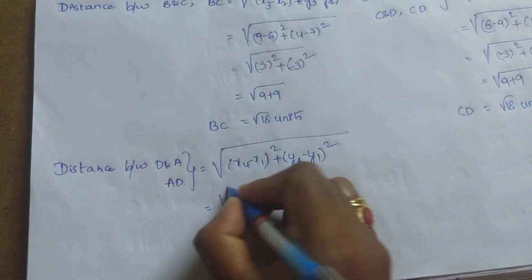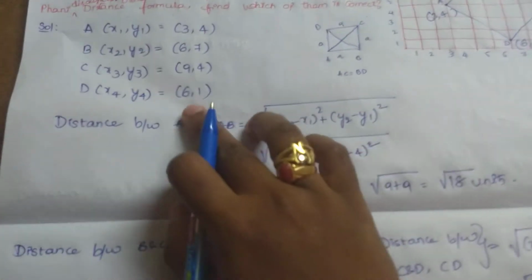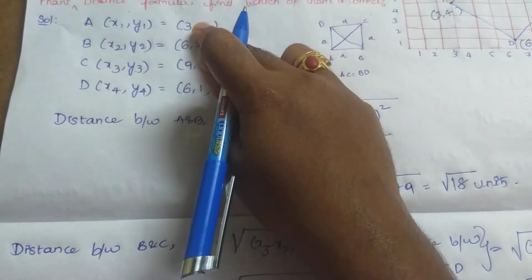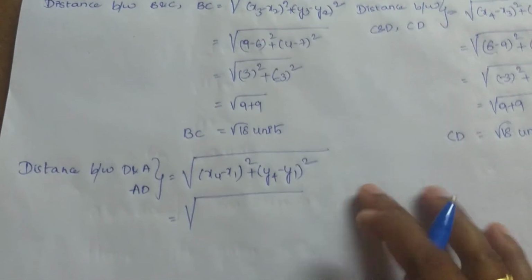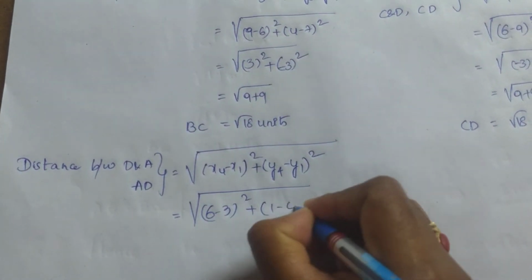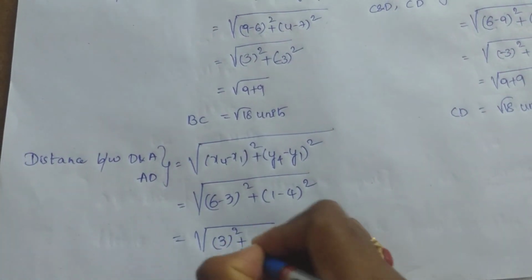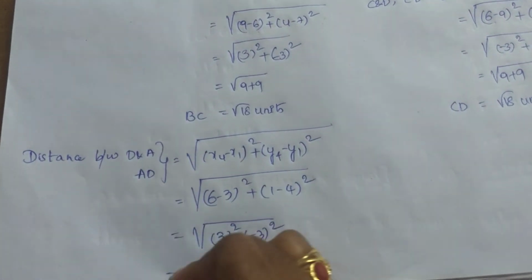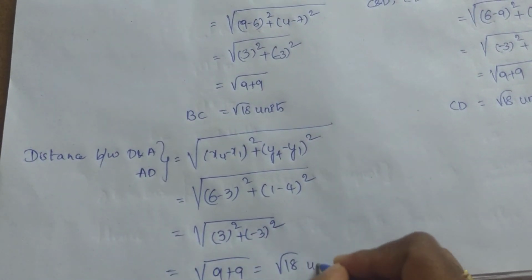What is x4 here? 6 minus 3 whole square plus 1 minus 4 whole square. So write the same here. What do we get here? 3 square plus minus 3 square. You'll get square root of 9 plus 9, that is square root of 18 units.